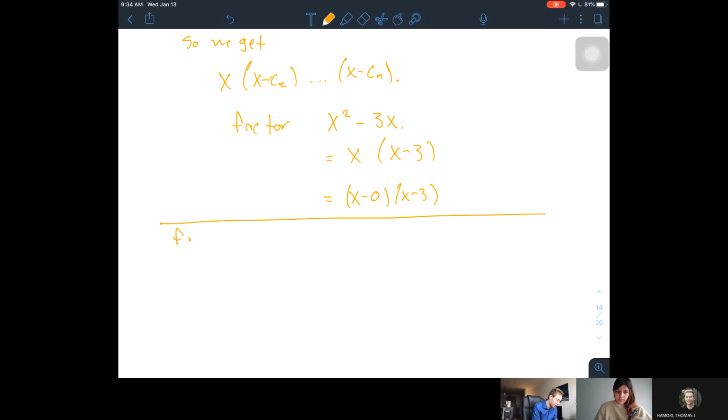So if we want to break it down into steps, the first step is remove any GCF if applicable, meaning if we can. Second step is use grouping or other factoring techniques.